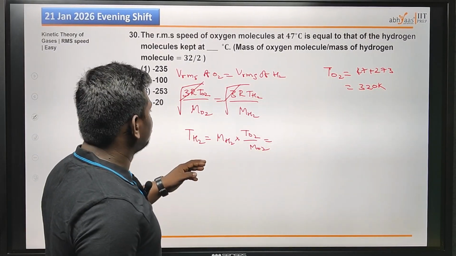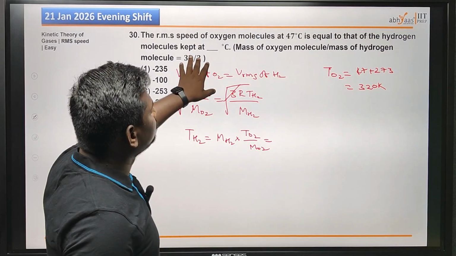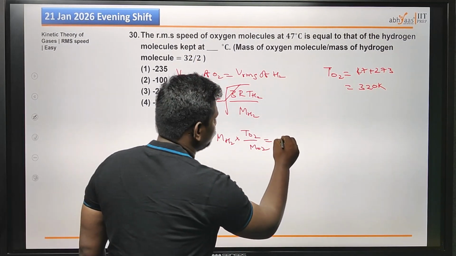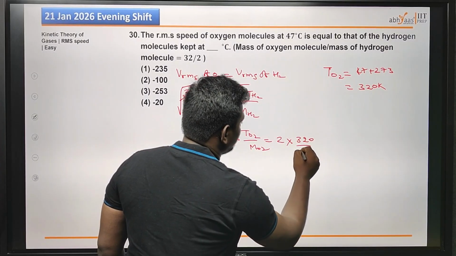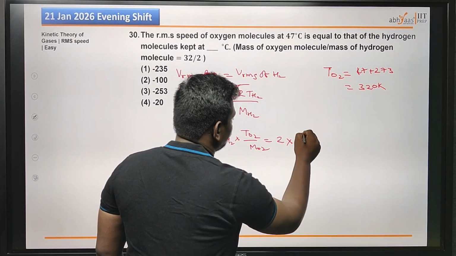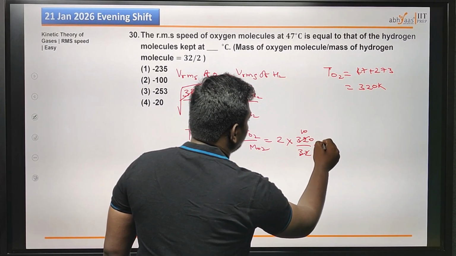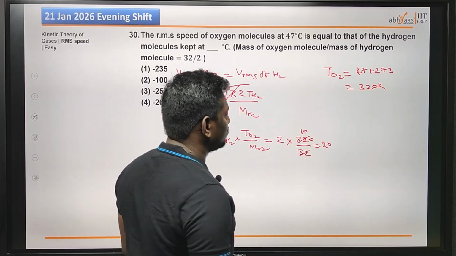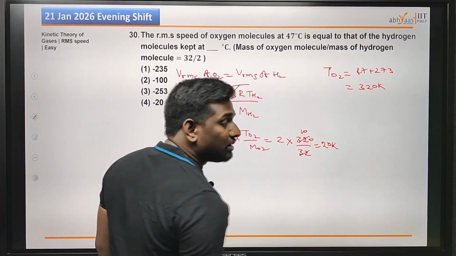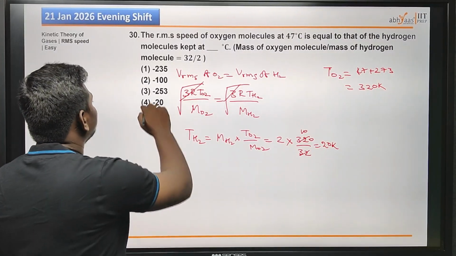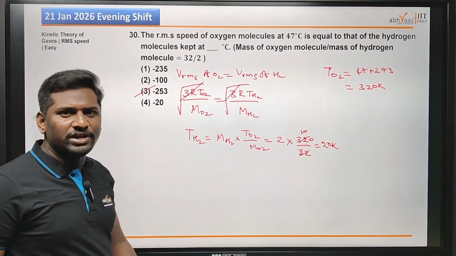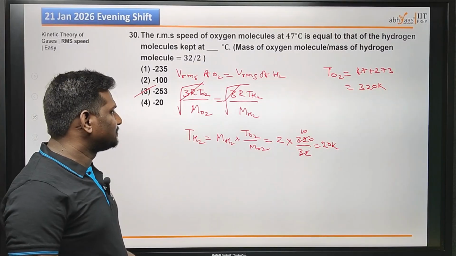Mass of H2 is nothing but 2, temperature 320 by 32. So what you are getting? 20. So 20 Kelvin. If you convert that 20 Kelvin into degree centigrade, you have the value minus 253 degree centigrade.